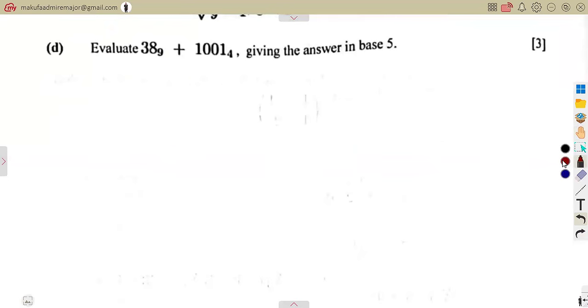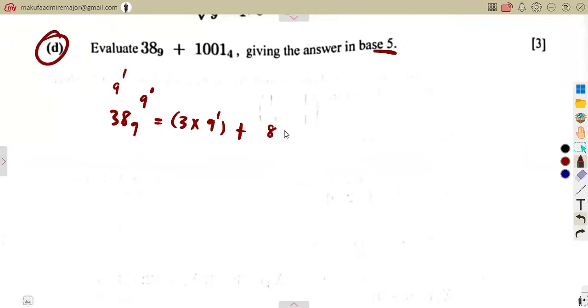These two numbers that we are seeing are supposed to be added, and the answer is needed in base 5. Both numbers are not in base 5. So we can convert them to base 10 so that it's easier for us to work with. Remember, in base 10, 3 times 9 to the power of 1 plus 8 times 9 to the power of 0. 9 to the power of 1, that is 9 times 3, 27 plus 8.